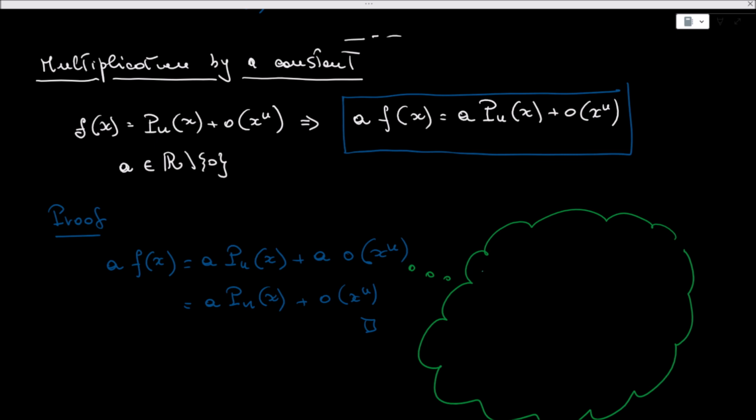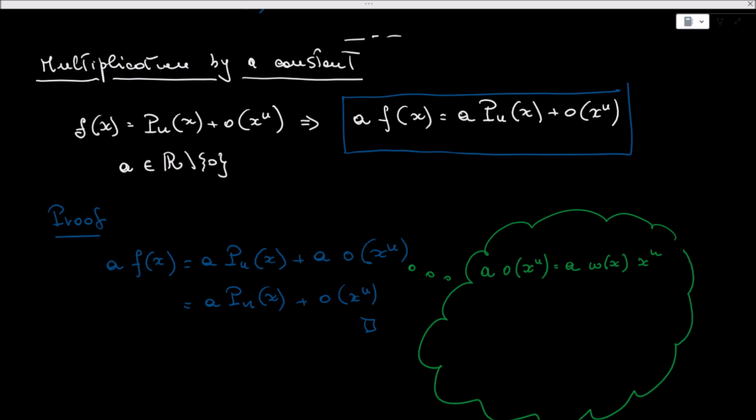Remember that little o of x to the n is a function which can be expressed as omega of x times x to the n, where omega of x is a function that goes to 0.